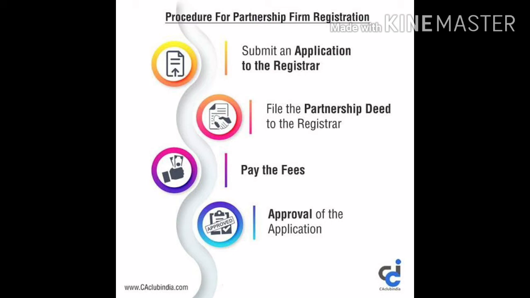Then they will pay the partnership registration fee, and ultimately, after their documents have been judged by the registrar, they will be given approval to start the business. So these are the 4 steps in the formation of partnership.